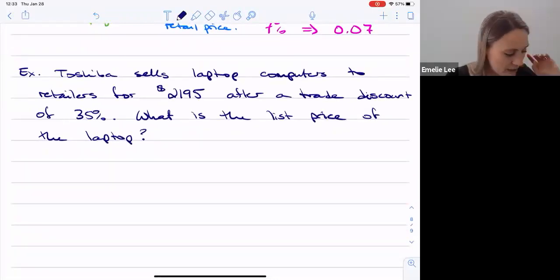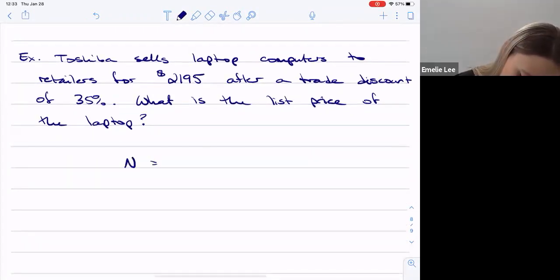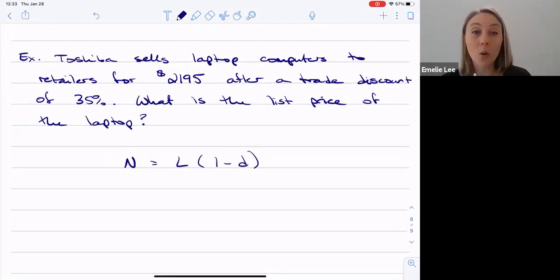So we've got one trade discount that we're given of 35%. So I'm going to use the one trade discount formula, which probably looks familiar, right? From the quiz, you had to solve for one of those variables, okay?